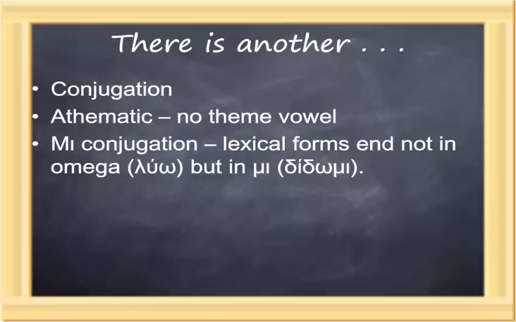It's sometimes called the mi conjugation because the lexical forms end not in omega, as in luo, but in mi, as didomi. We've actually already learned some of those forms of one verb, eimi. It's in this general pattern.